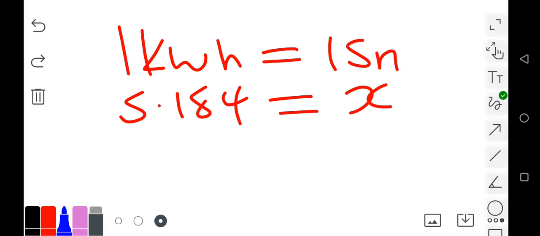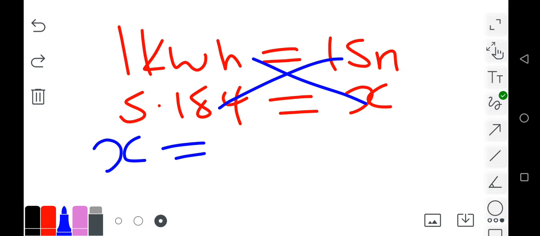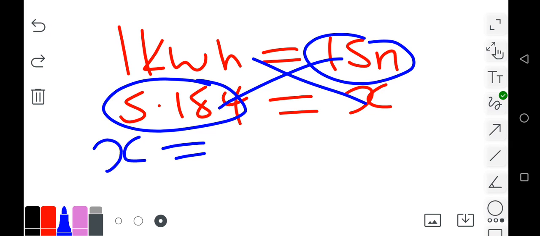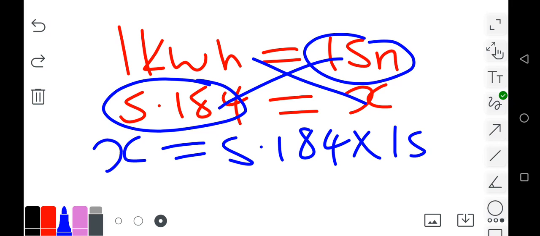So just a simple proportion, cross multiply, and this will give you 1 times x, just x, and then this times that, so 5.184 multiplied by 15.